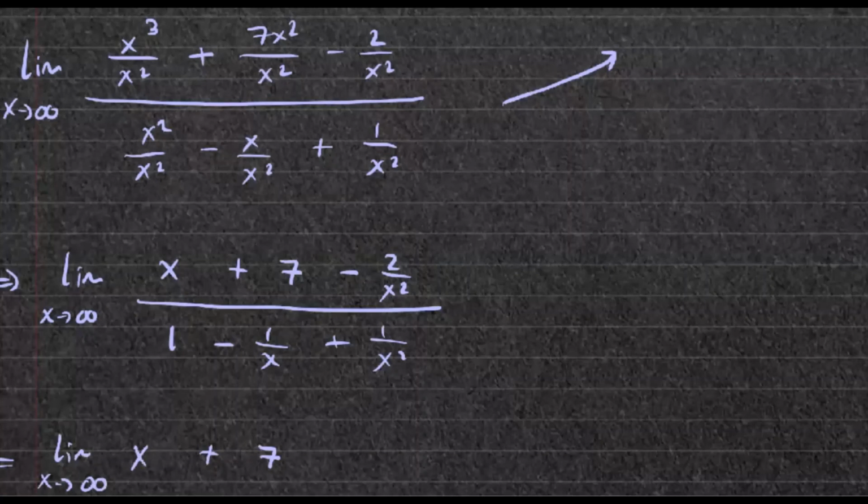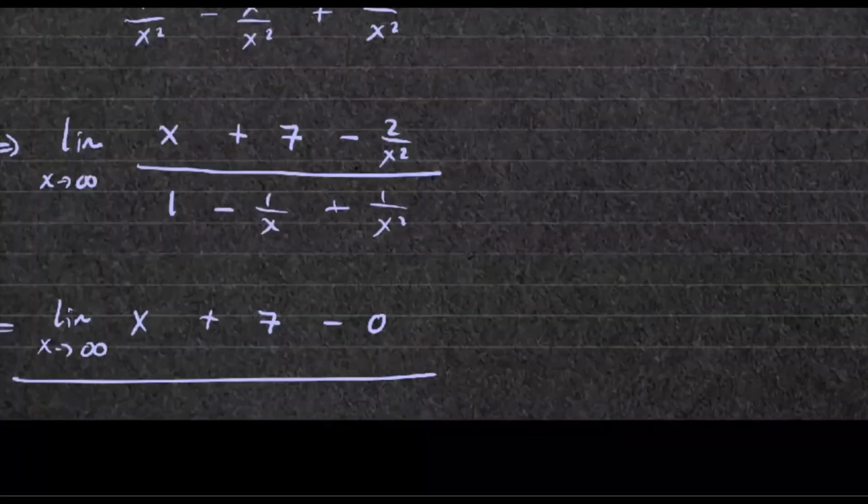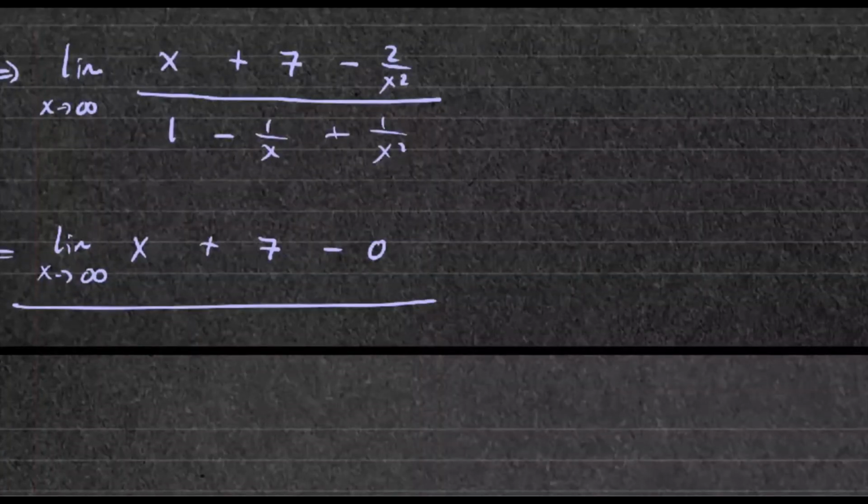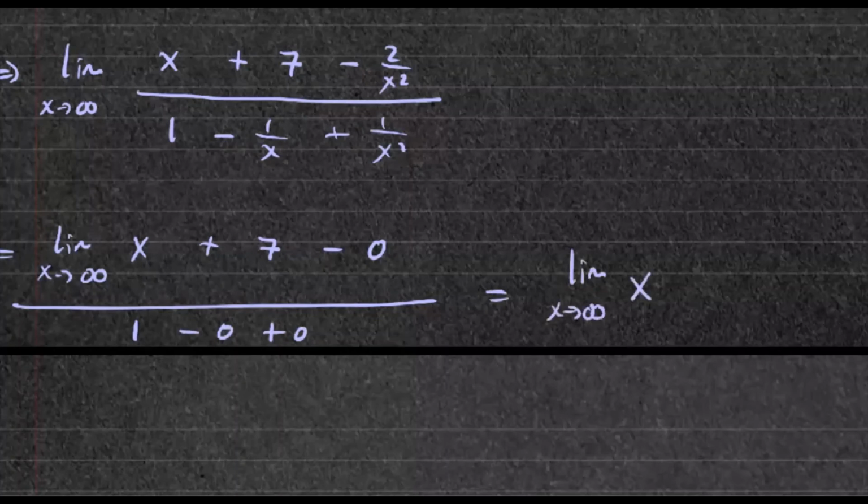So we have minus 0 over. Now the bottom gives us the limit of a constant, that's 1, the limit of 1 over x is going to be 0, and 1 over x squared is also going to be 0. So all of this will give you just the limit as x approaches infinity of x plus 7, because the limit of a constant is simply 7.